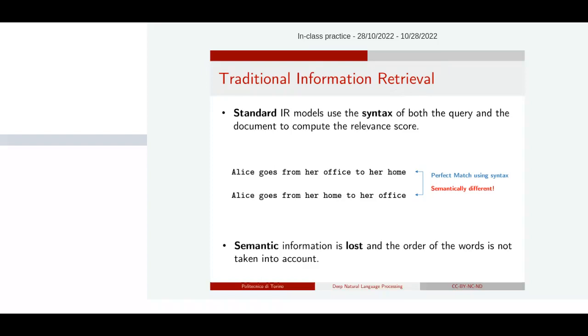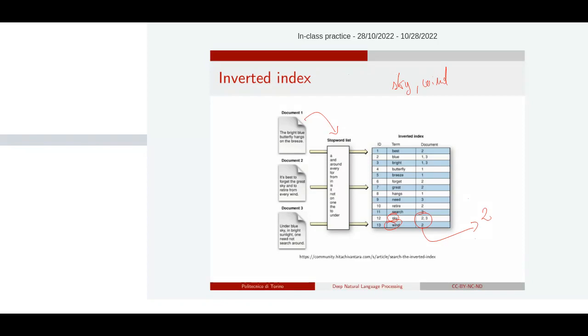So those techniques are the basics for traditional information retrieval. Traditional means something that was born when text processing was the core of information retrieval techniques. So we have not so much natural language processing in this case.